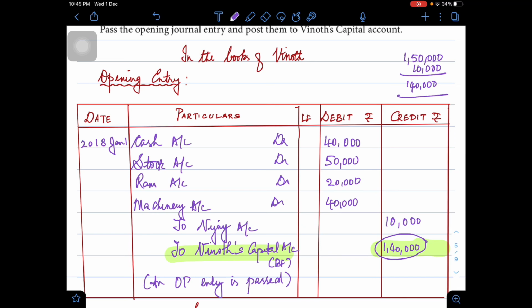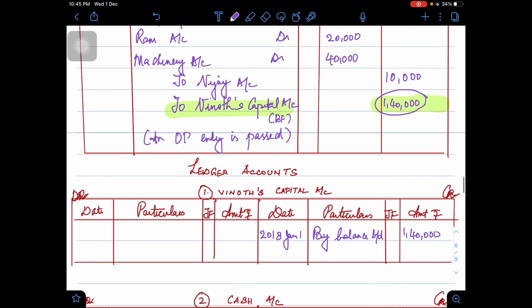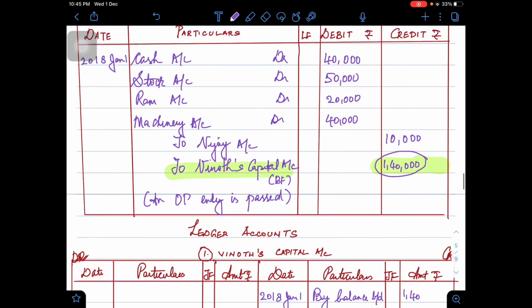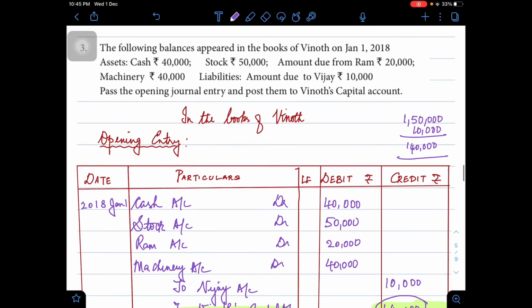So I will say by balance brought down and show 1,40,000. As I told you, their opposite is the debit, means in the ledger it will be the credit. This is a must that you should understand clearly, students.